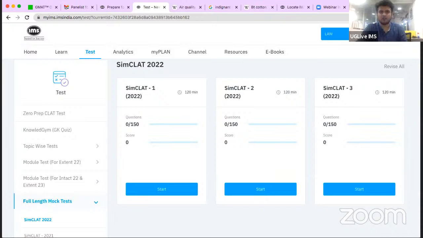All right, so let's look at SimCLAT 3. Are the scores of SimCLAT 3 out?